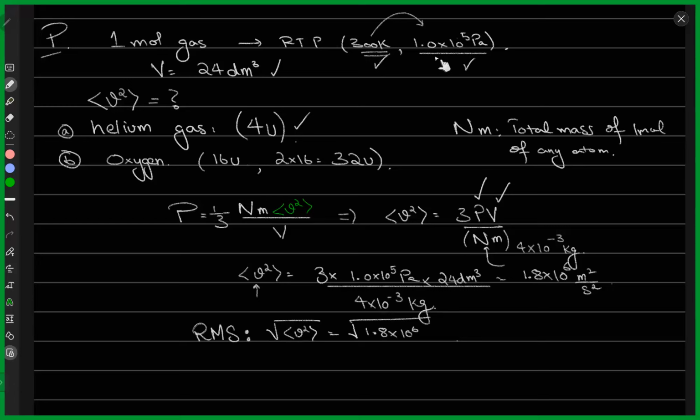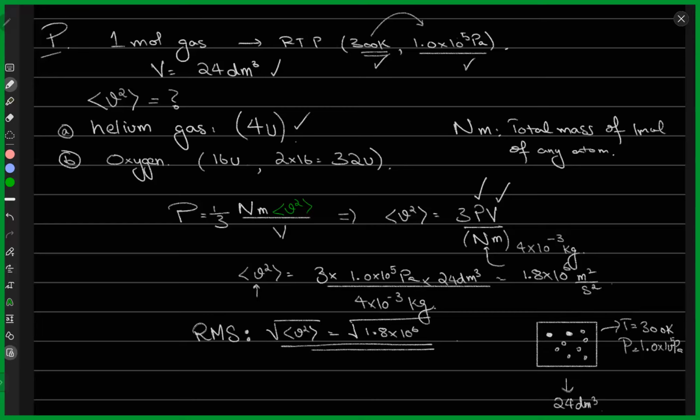So under these conditions, for example, if I were to lock the helium gas in this container, with a temperature of 300 kelvins, a pressure of 1.0 into 10 raised to power 5 pascals, and a volume of 24 decimeter cube, every atom of helium gas in this container would be moving with this velocity. So is that clear?